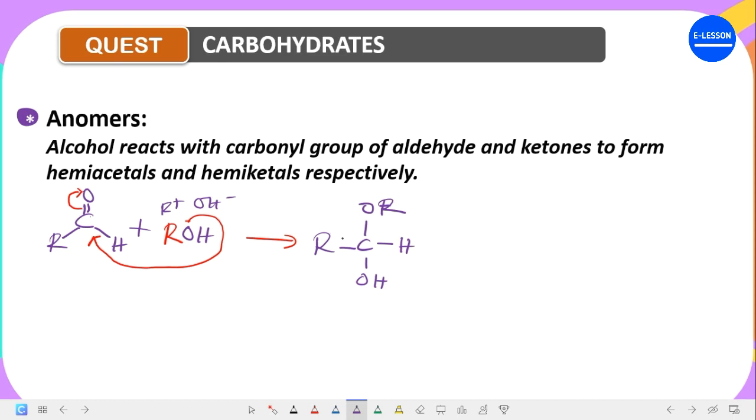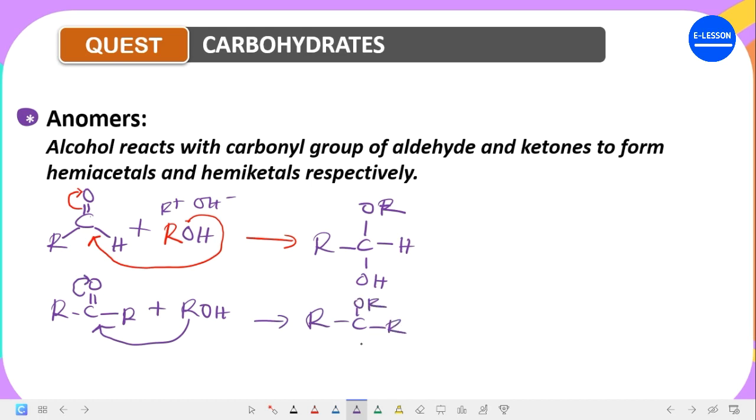Now for ketone, it also follows the same procedure, but the only difference will be this. Ketone is C double bond O, plus OH. When this one comes here, this one packs up, and then you are going to form C with O and here will be OH, like that.